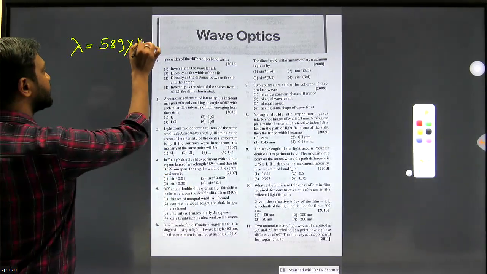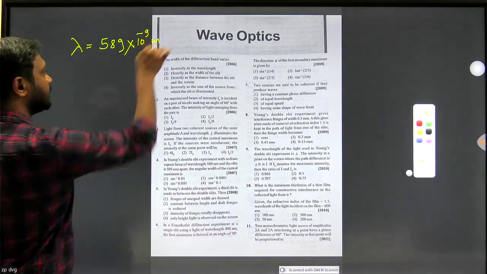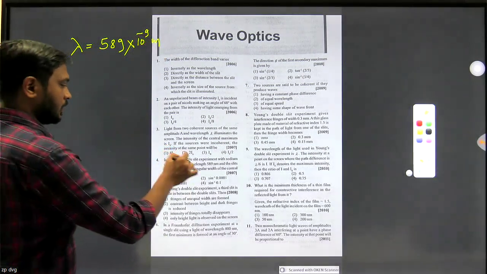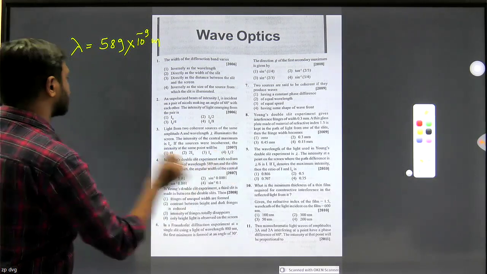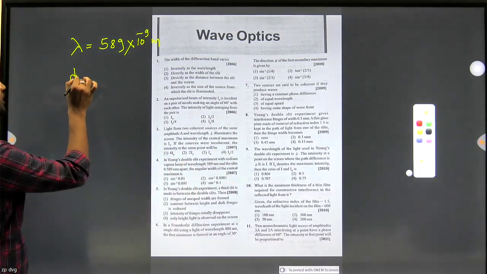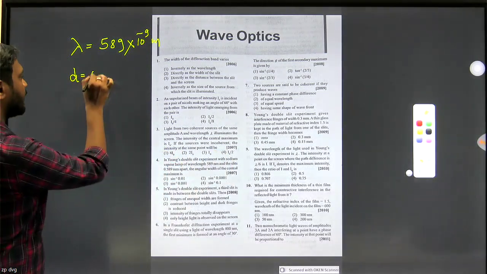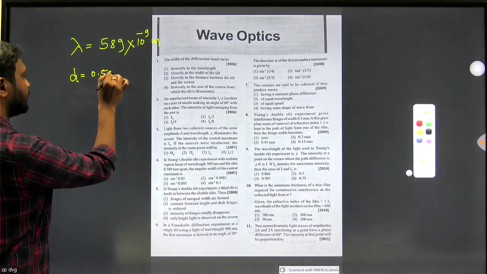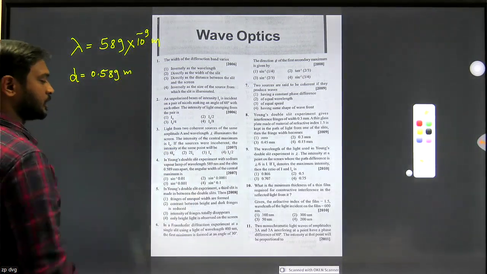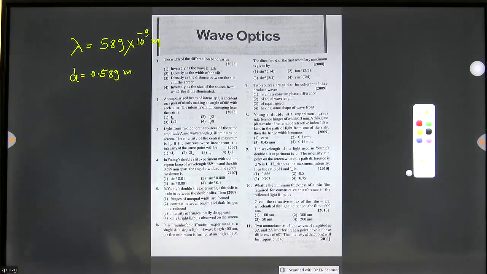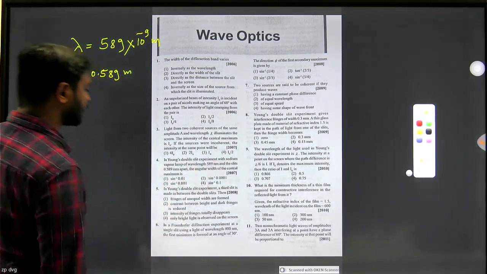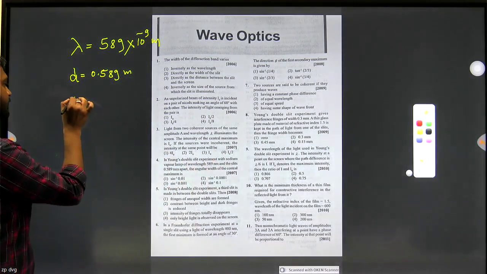That is 10 to the power of minus 9 meter. And the slit width is small d equals 0.58 nanometer apart.